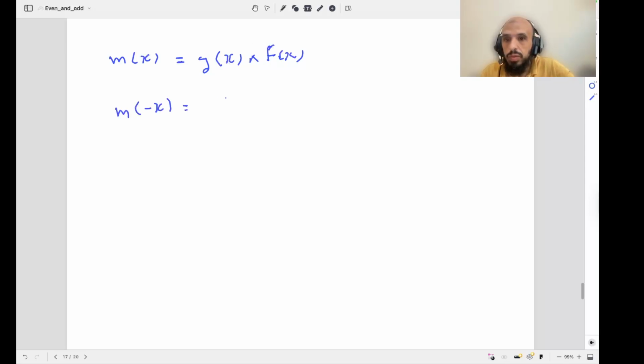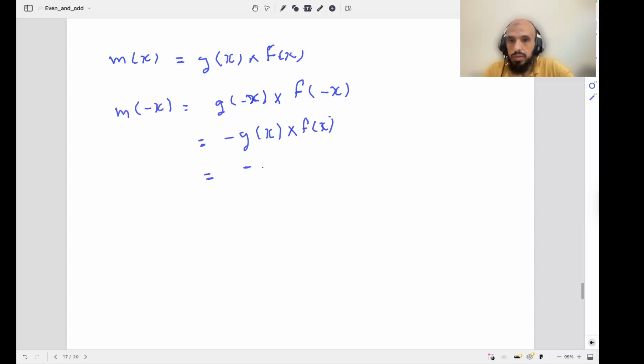It's going to be equal to g of negative x multiplied by f of negative x, which is going to be equal to negative g of x multiplied by f of x, which is going to be equal to negative of the original function m of x. So the multiplication of an even and odd function is an odd function.